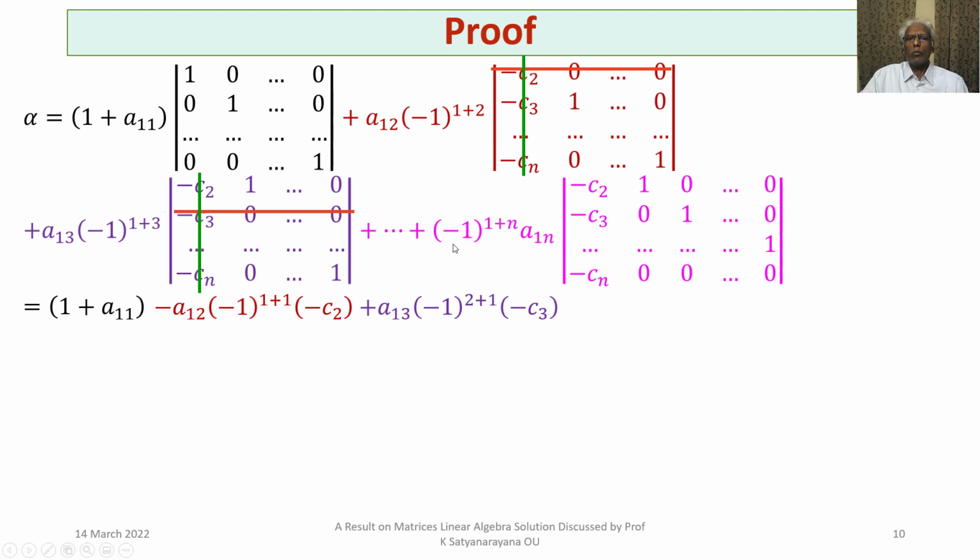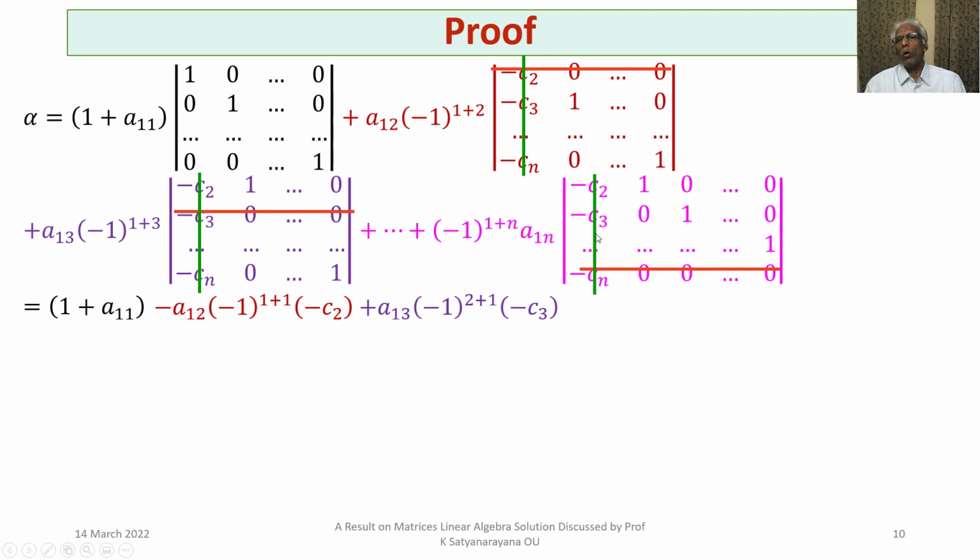And here (minus 1) to the power of 1 plus n into a1n, now take out this row and the first column. What is this row? The n minus 1th row, because it started with C2.